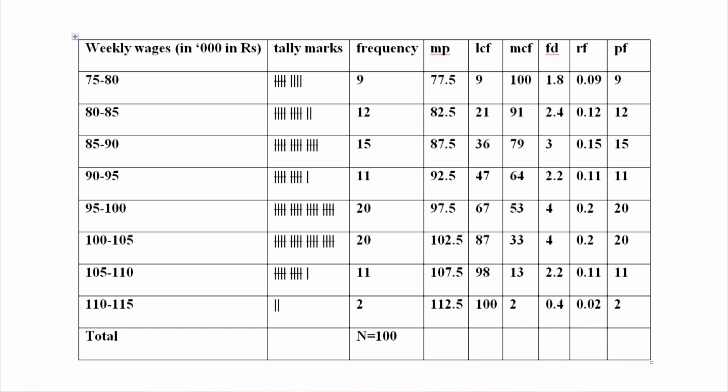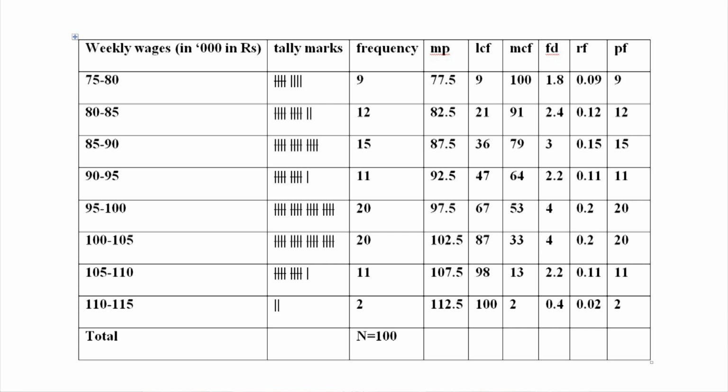Hence, the midpoint is 80 plus 85 divided by 2, which is equal to 82.5. Similarly, proceeding for the other class intervals, the midpoints obtained are 87.5, 92.5, 97.5, 102.5, 107.5, 112.5, which are entered in column 4 of the table.